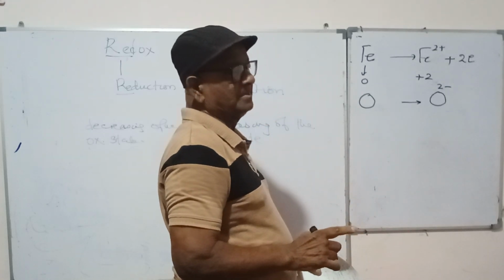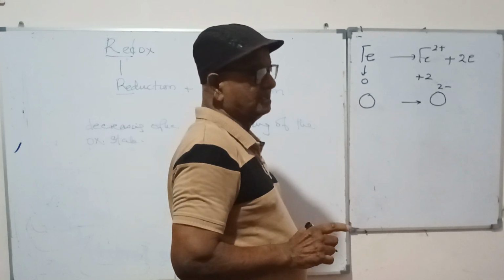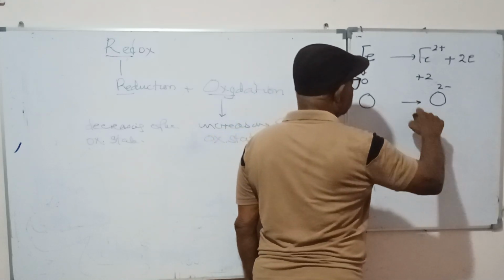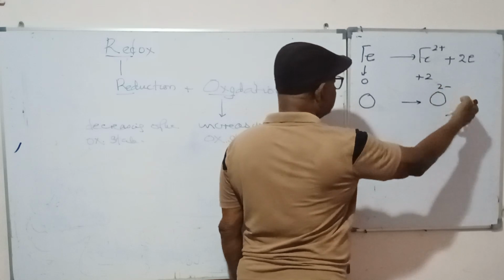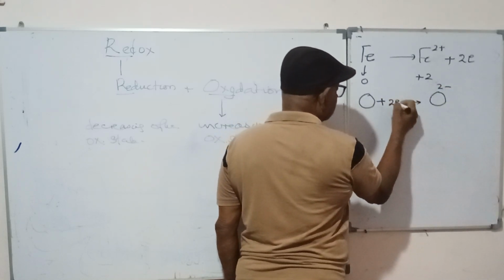So you can refer to my previous videos, right? Then, when oxygen becomes O2 minus, how? Now it has excess 2 electrons with the gaining of 2 electrons.